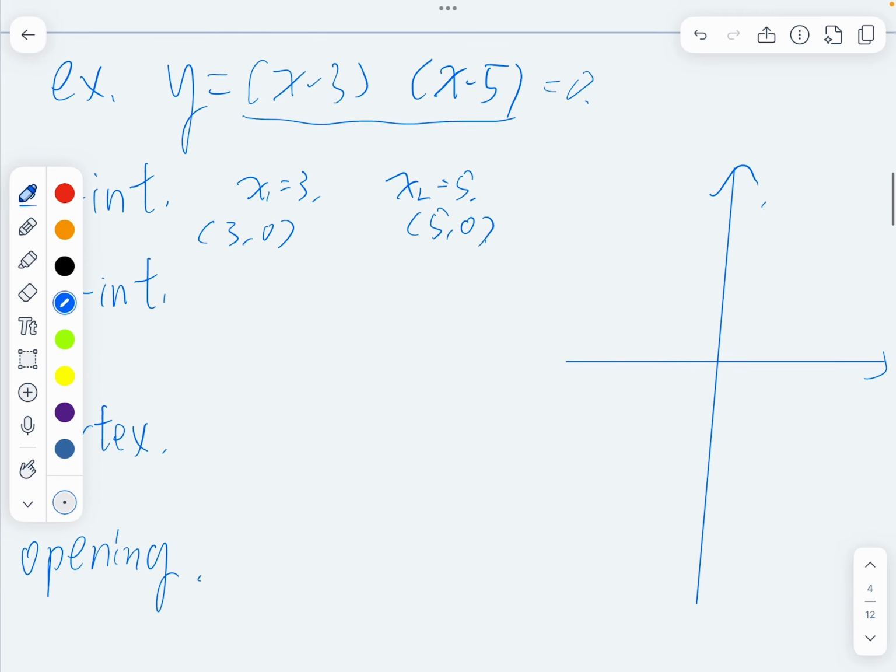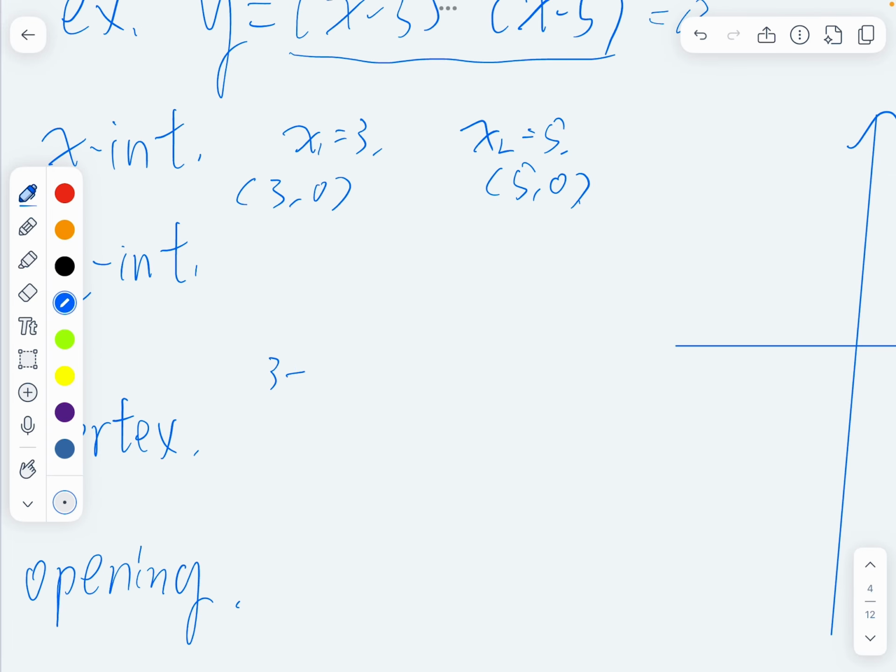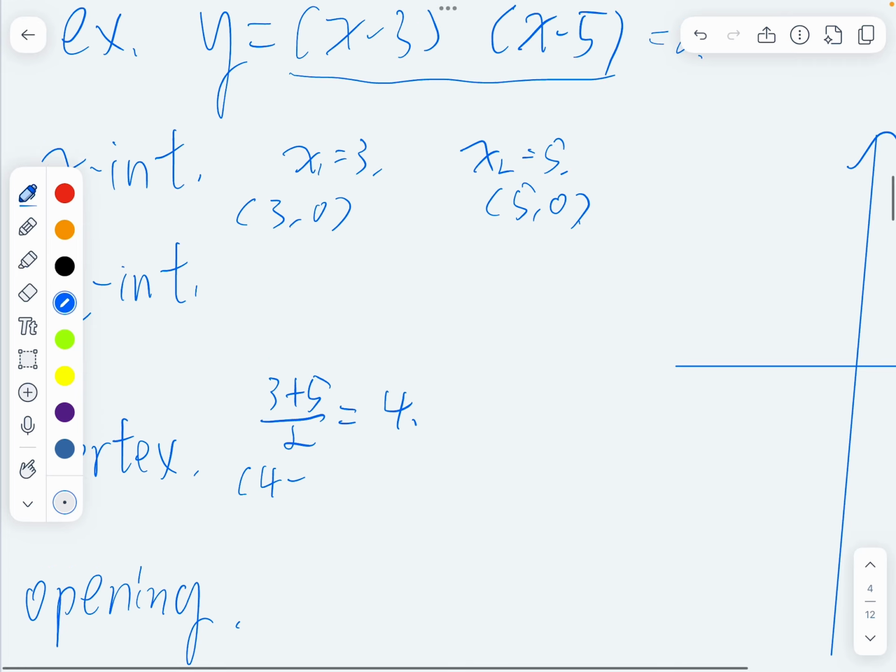For the next one, 3 plus 5 over 2 equals 4, and we plug it into the original form: 4 minus 3 times 4 minus 5, which is 1 times negative 1, so it's negative 1.